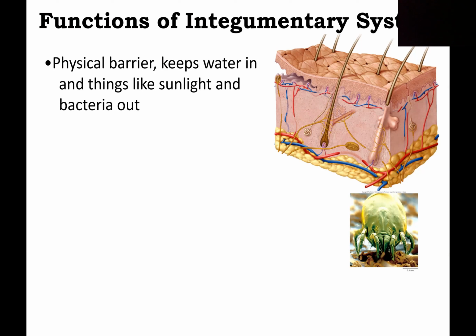So keeping an intact integumentary system, especially the skin, is a must in order to maintain that. So the whole thing is one function, physical barrier, keeping some things out and some things in.